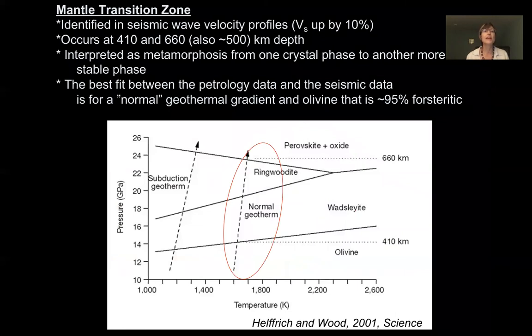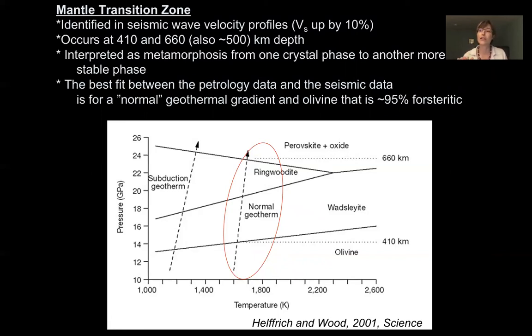So what we've done here is we've talked about the mantle transition zone as being first recognized in seismic wave velocity profiles. For example, the S wave might increase its velocity by as much as 10%. These jumps in seismic wave speed happen primarily at 410 and 660 kilometers depth.